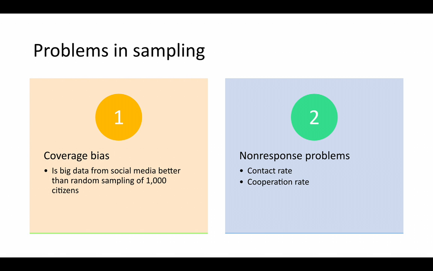The other one is non-response problems. If you send out a survey and people are not responding, people didn't send them back, or if you send out a survey link and people don't click it, they simply don't respond. Then you have non-response problems. The other one is contact rates.